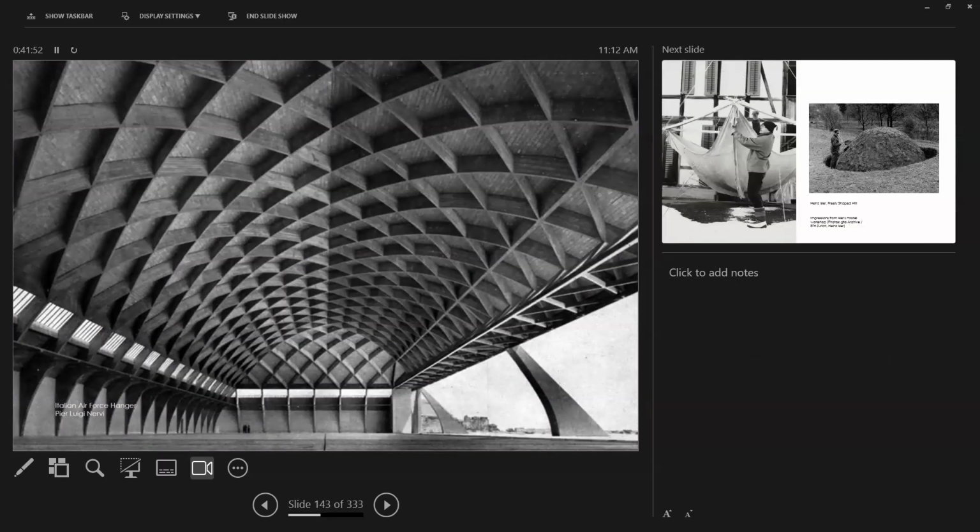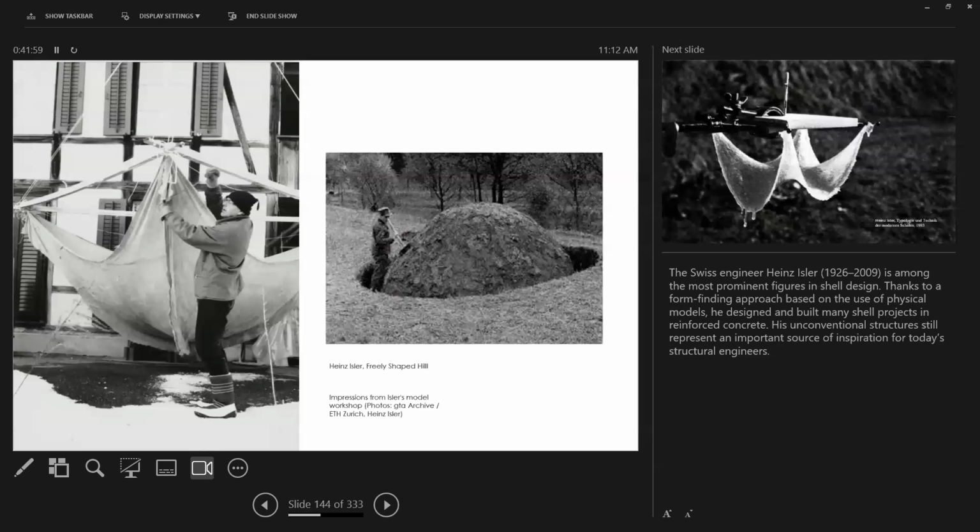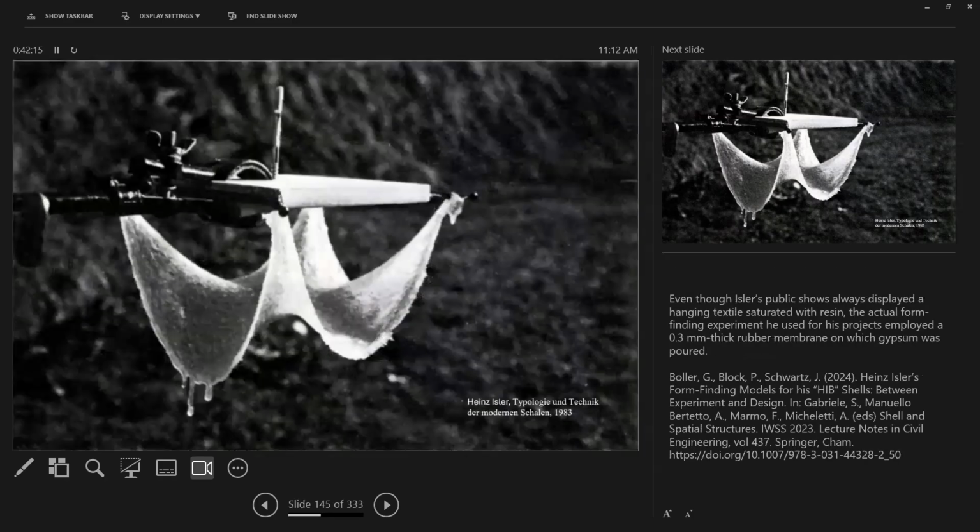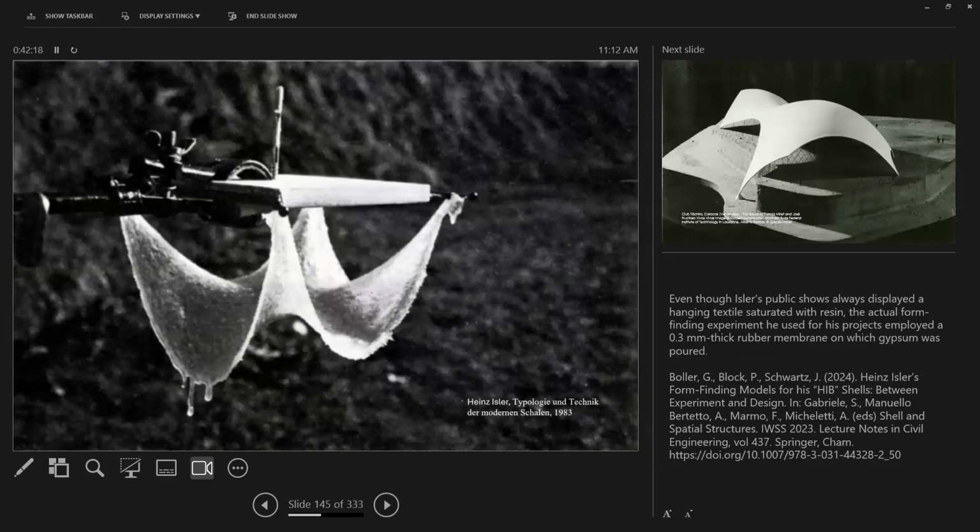And then there are other people, another character, even more experimental outside of just engineering. This person, Heinz Isler, is the person that created a lot of our theory about shells and domes. And he used to create these fabric form hanging models or build them in the earth and then turn them upside down and test them.